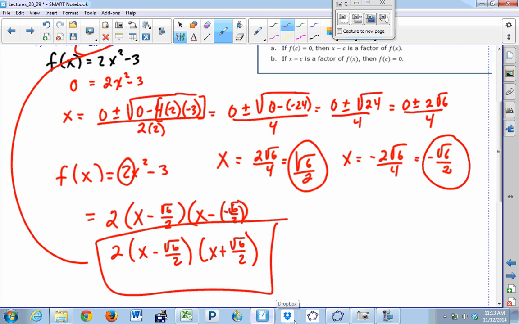You're looking for the vertex when you say negative b over 2a. That's not going to help us here.